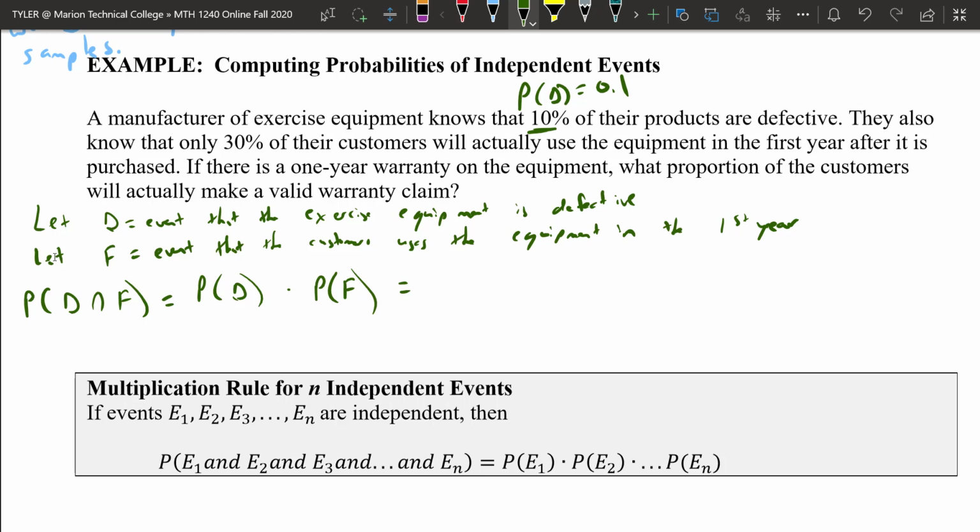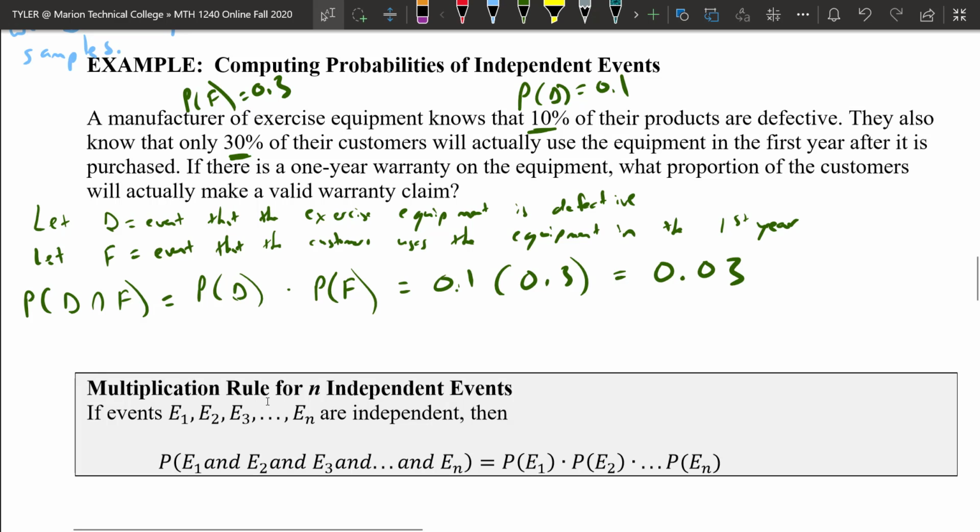And this value, 0.3, is the probability of F. So we would have 0.1 times 0.3, which equals 0.03. So we expect somewhere around 3% of the customers to make a valid warranty claim.